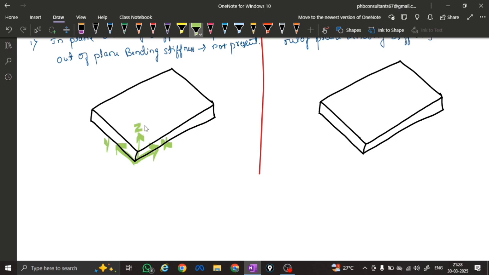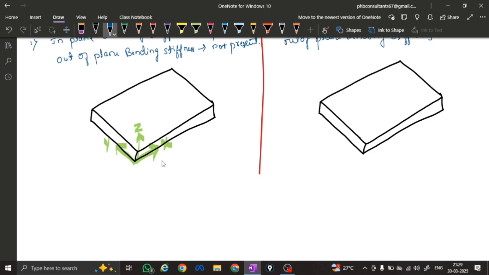Okay, so in membrane, for this x direction this is in plane stiffness and this y direction also it is in plane stiffness, but this z direction is out of plane stiffness.